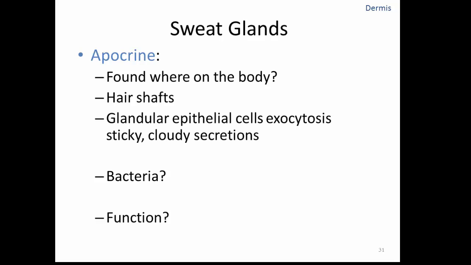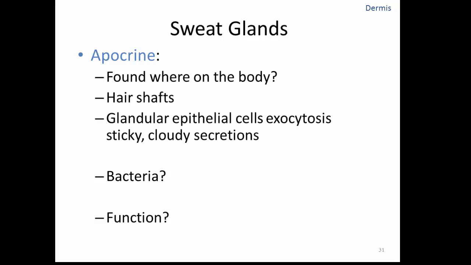They think that way back in human evolution, perhaps the compounds in apocrine sweat could be detected by other humans, and so maybe it was used as a signaling mechanism. For example, there are compounds in apocrine sweat that maybe could have signaled mating and that sort of thing.